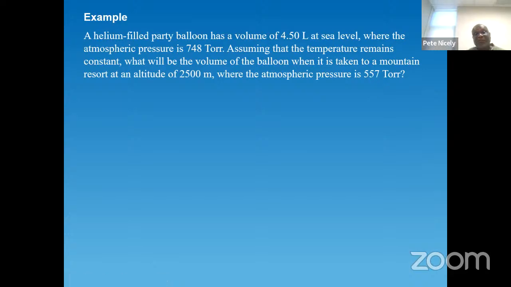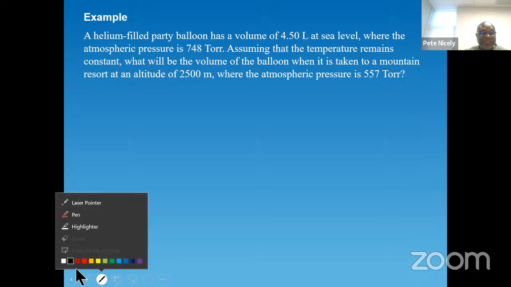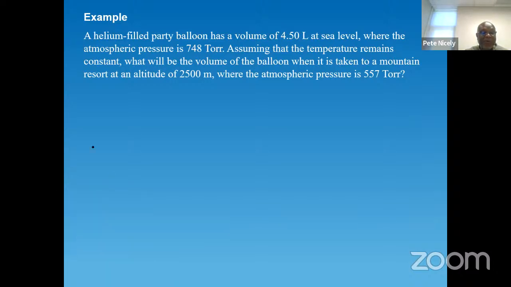So when you're given a question of this type, it's very important that you identify the different terms. Now, remember, the equation that we'll be using in this case is P1 V1 is equal to P2 V2, all right? So you need to identify the different terms, what's P1, what's V1, and so on.